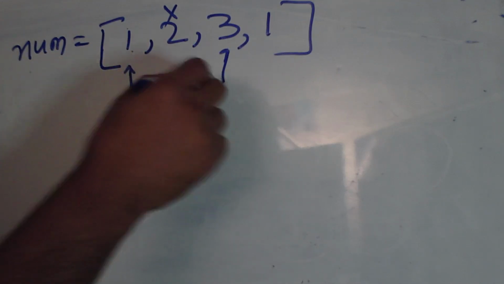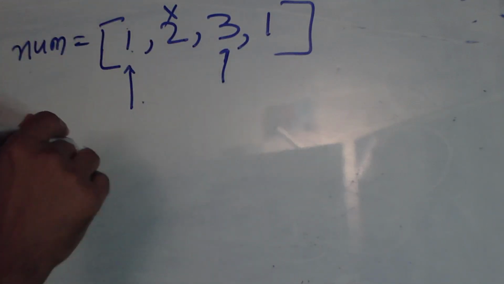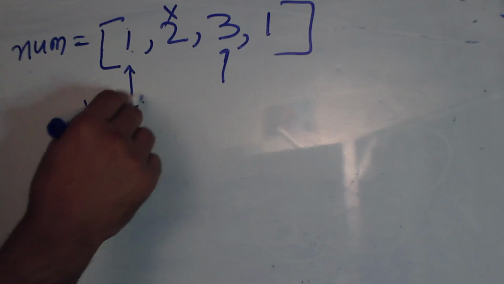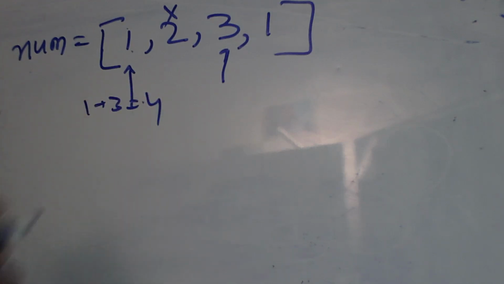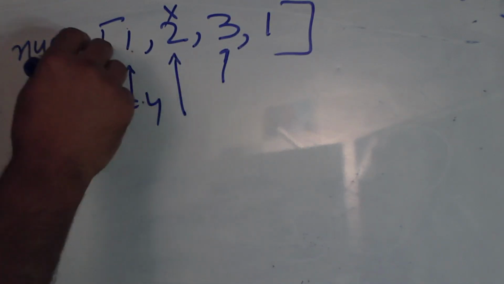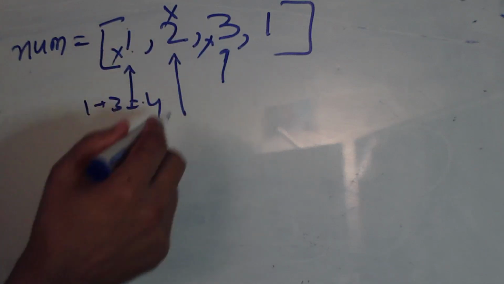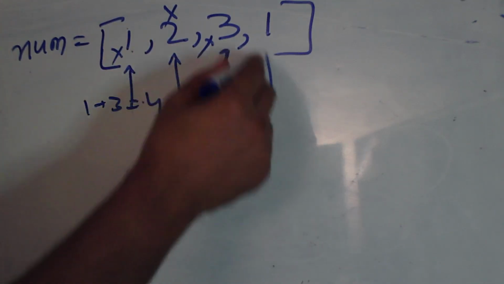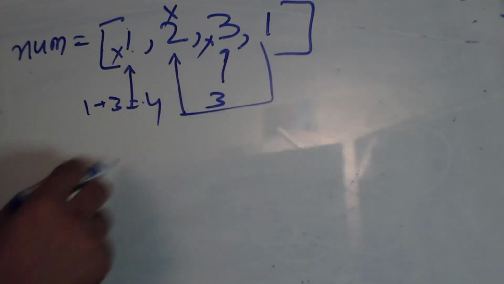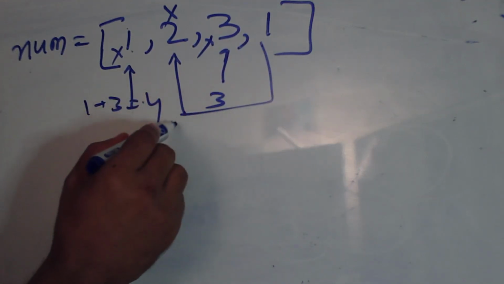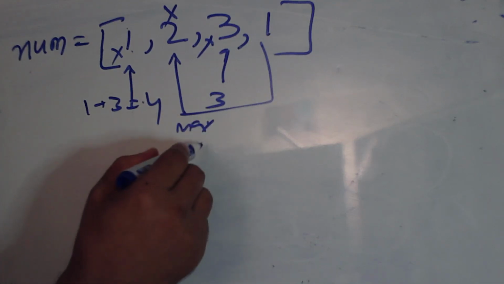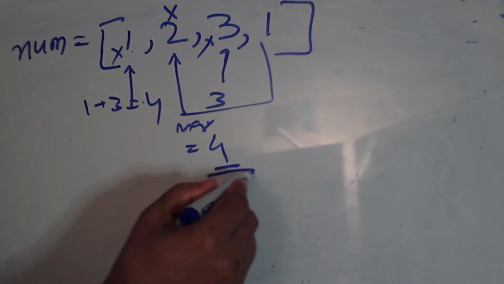The total amount we can rob is 1 plus 3 equals 4. Now if we start from 2, we cannot take 1 or 3, so the only amount we can take is 2 plus 1, that is 3. So max of 4 and 3 equals 4. The answer will be 4.